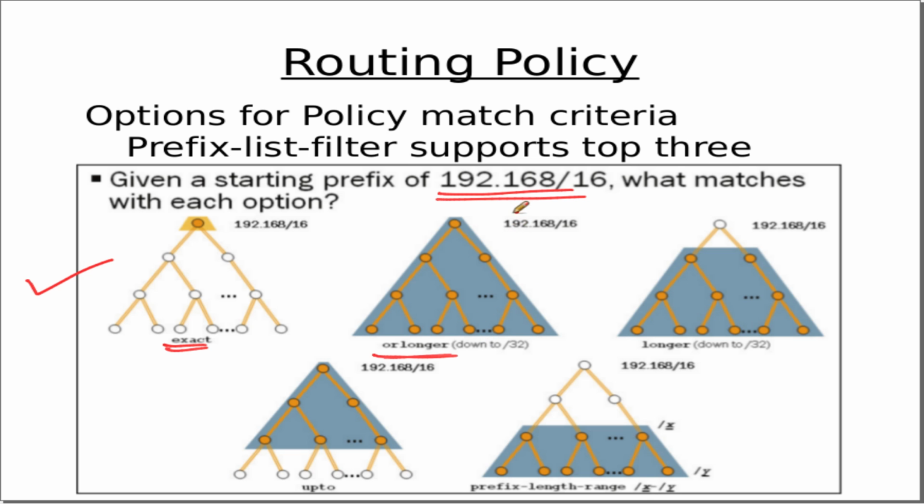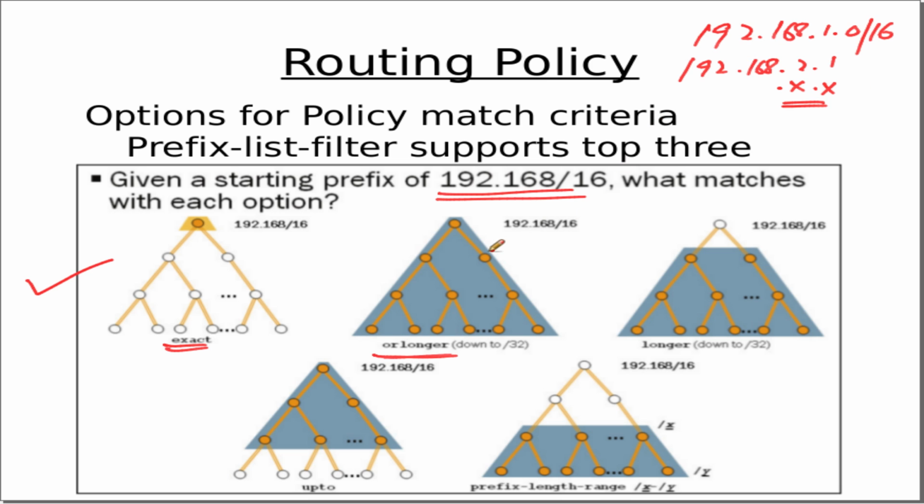And what does it mean is that if we have got a network like 192.168.1.0/16 defined in the prefix list, and the criteria that we are defining in the routing policy is this network or longer than this, then this prefix list will match all the networks 192.168.2.1, let's say, or anything in these rightmost two octets.